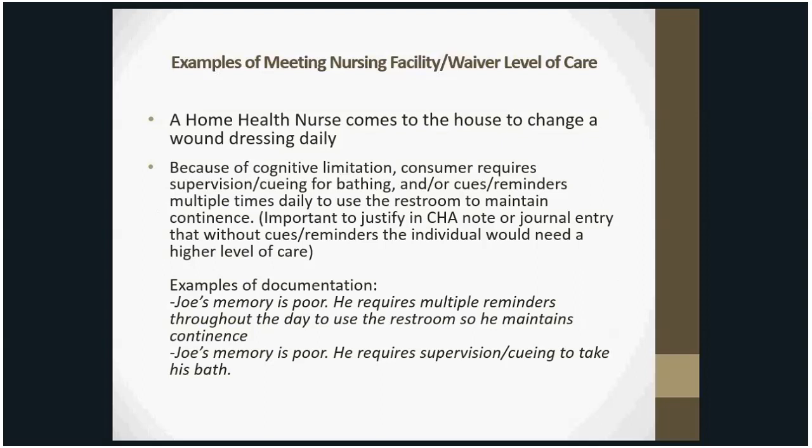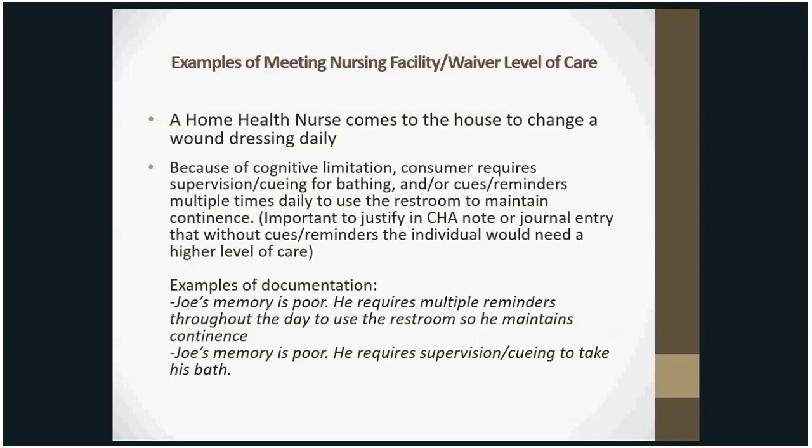Earlier I had mentioned the consumer who needed hands-on assistance with bathing, and that would be a qualifier. There's one caveat to that. If an individual has cognitive impairment but is physically able to do their activities of daily living, but they do need supervision and cueing in order to carry out that activity of daily living, that would also qualify them for that level of care.